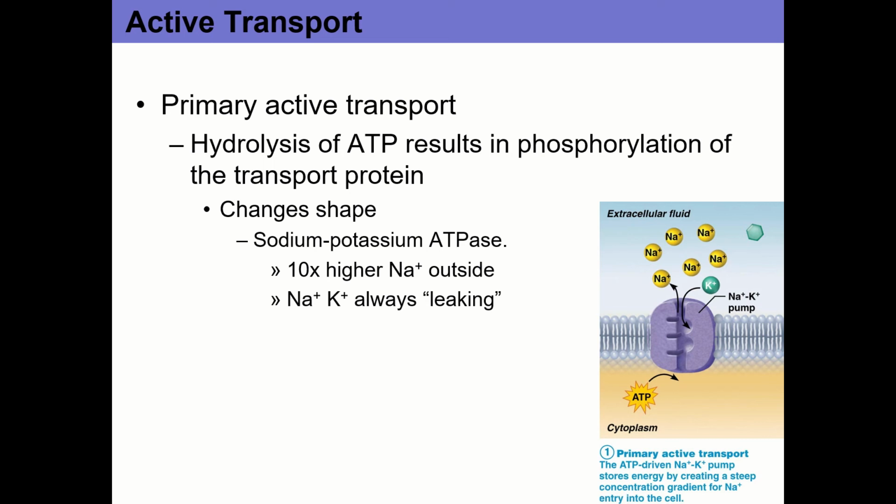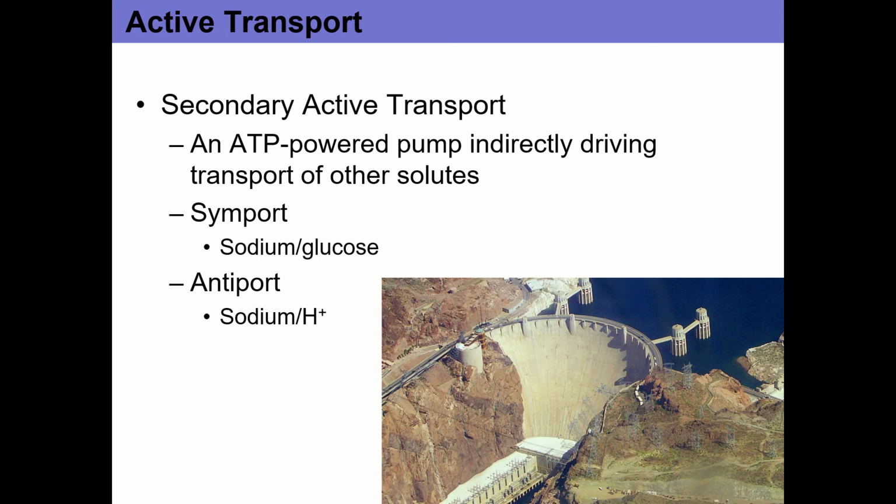So what you need to know in terms of primary active transport, again, is that we're going to break down ATP, and that's going to allow us to pump something, often sodium, against its concentration gradient. And again, once we've established that gradient, or once we've expanded on that gradient, we can then use it to allow us to perform another type of work.